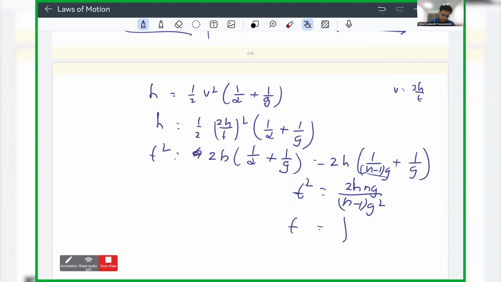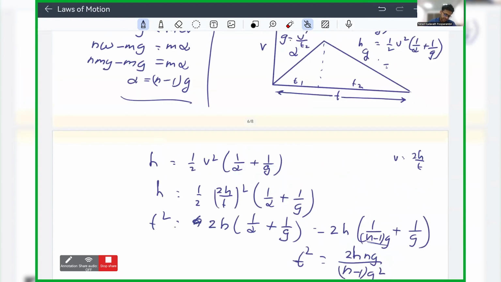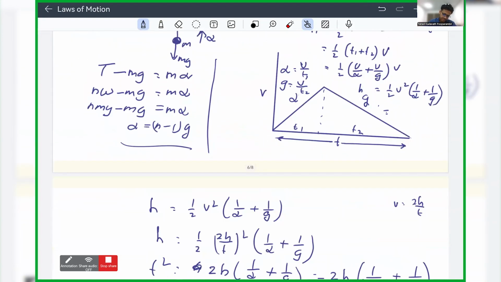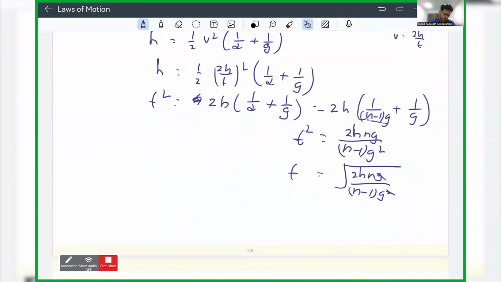Then t should be equal to root of 2h n over n minus 1 times g, since g and g square partly cancel. We'll have this value. Thank you, that's all for the day.